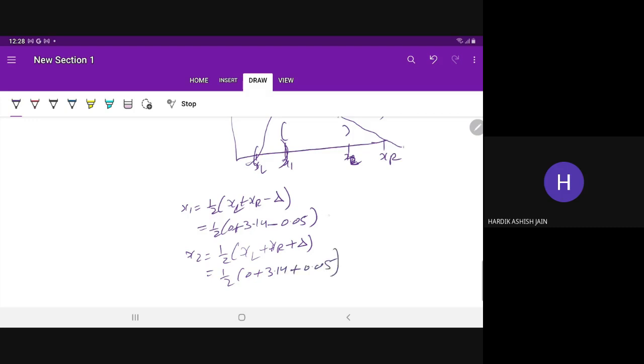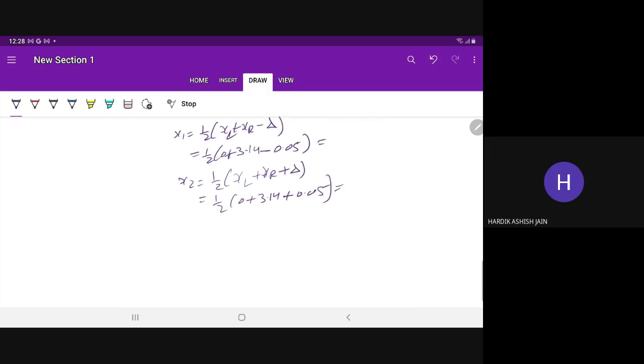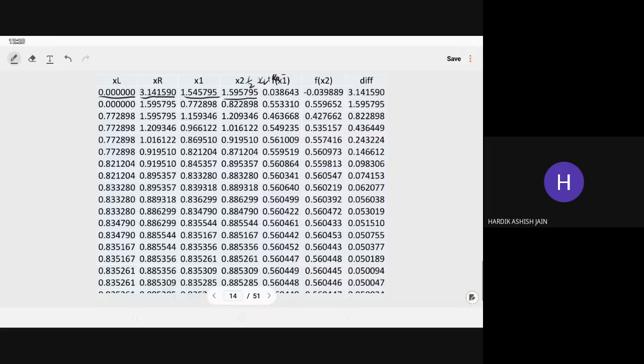So you will get the 2 points between 0 and pi: 1.545795 and 1.595795.